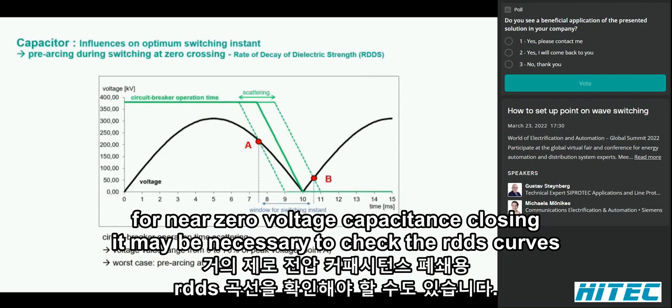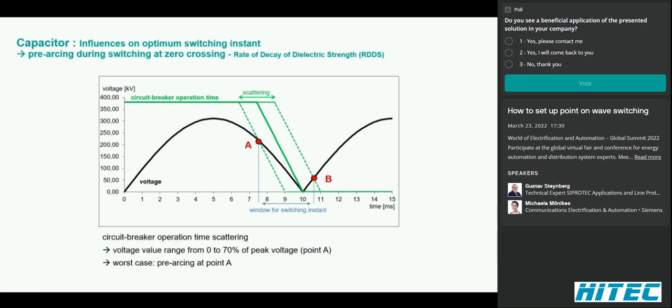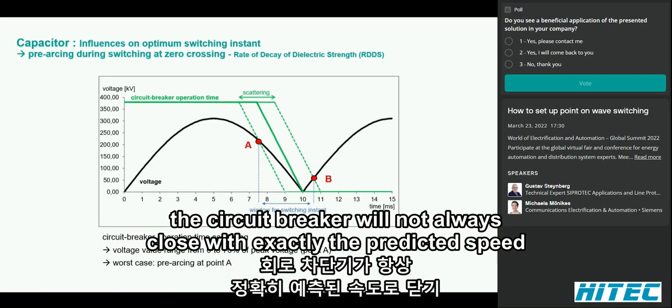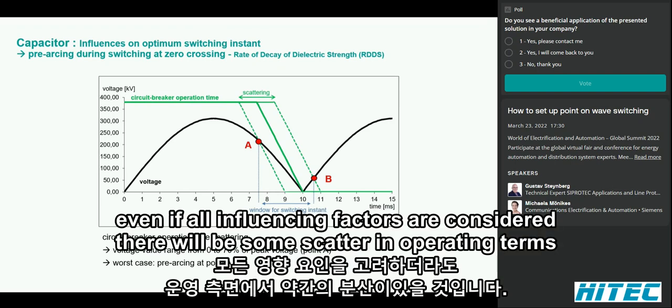For near zero voltage capacitor bank closing, it may be necessary to check the RDDS curves. The circuit breaker will not always close with exactly the predicted speed, even if all influencing factors are considered. There will be some scatter in the operating times.